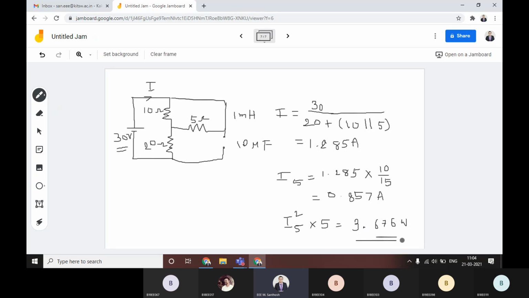I hope it is understood. The important thing you have to remember is, whenever you are connecting a DC supply to an inductor, it will always act as a short circuit. Whenever you are connecting a capacitor to a DC supply, it acts like an open circuit.